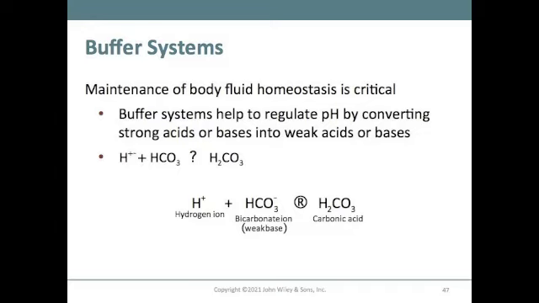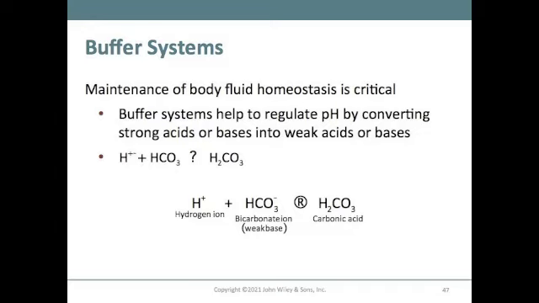Weak acids or bases do not ionize as much and contribute fewer hydrogen ions or hydroxide ions. Hence, they have less of an effect on the pH. The chemical compounds that convert strong acids or bases into weak ones are called buffers. They do so by adding or removing hydrogen ions. And the chemical reaction we see on this slide is at the bottom of page 43.